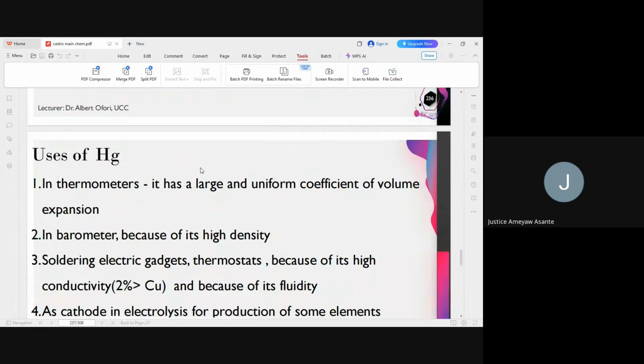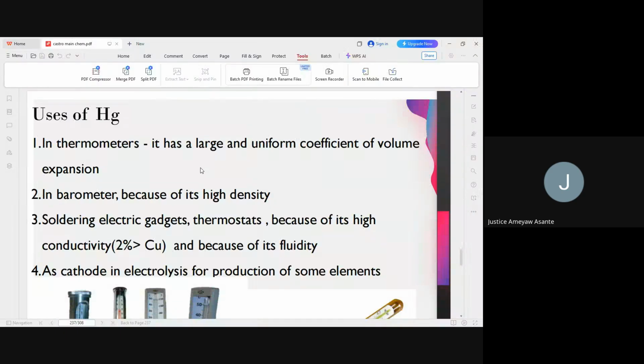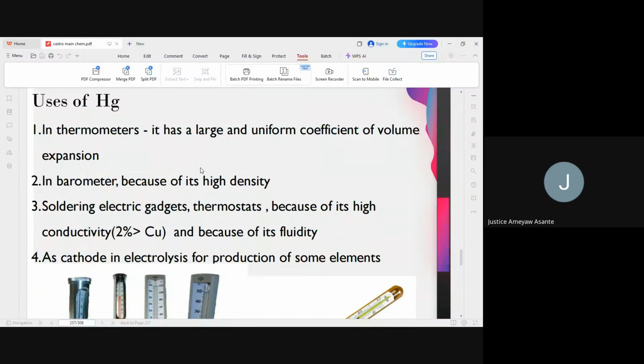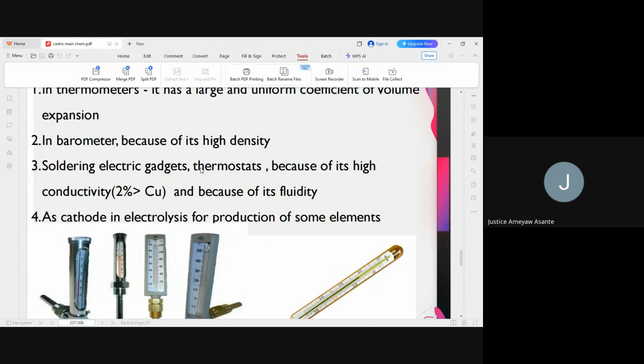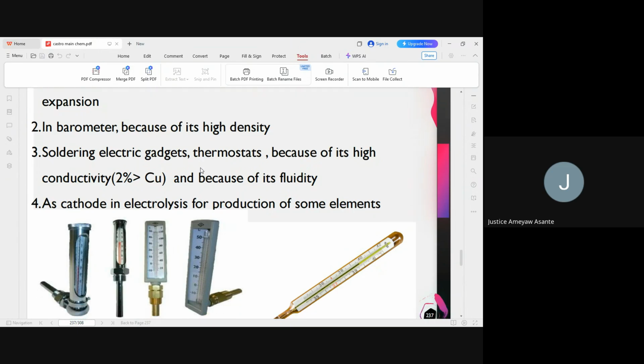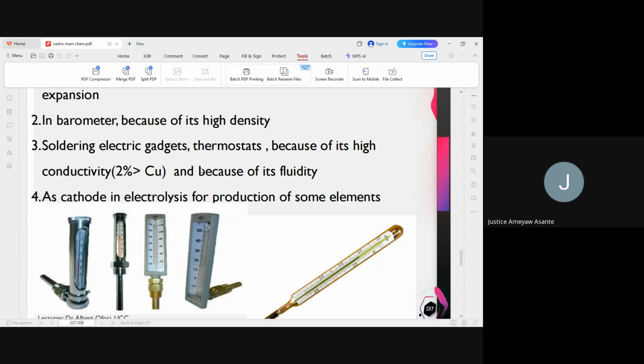Uses of mercury: in thermometers, because it has a large and uniform coefficient of volume expansion. In barometers, because of its high density. In electric gadgets and thermostats, because of its high conductivity and its fluidity. As a cathode in electrolysis for the production of some elements.